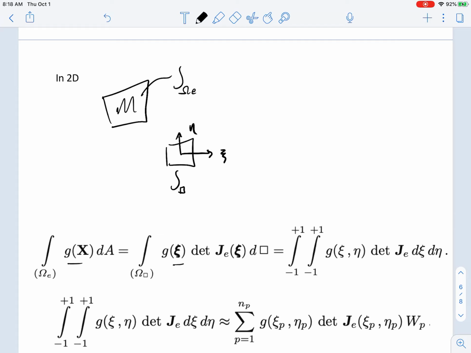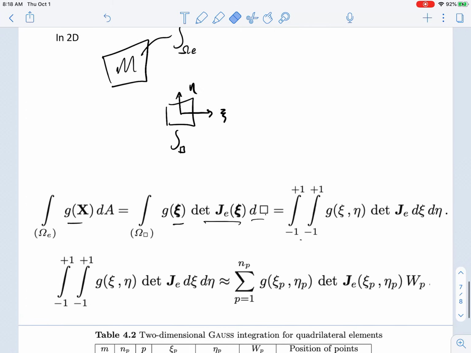So you have some function defined here, g of x, then you can integrate that over the parent domain by just doing the change of coordinates. So you just need g of xi, eta times the determinant of the Jacobian. If you write the double integral, this will be integrals from -1 to 1 of g of xi, eta times the determinant, which is a function of xi and eta, times d xi d eta.